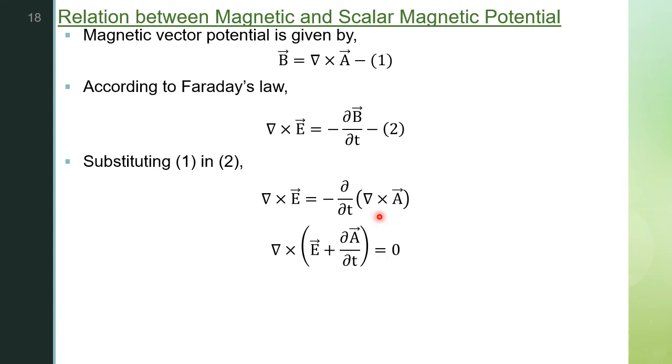So we have taken the minus ∂/∂t del cross A into the LHS, and modified the equation into this form.